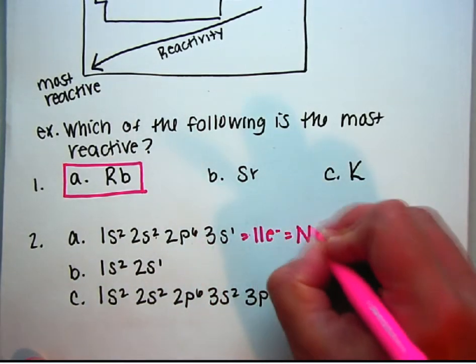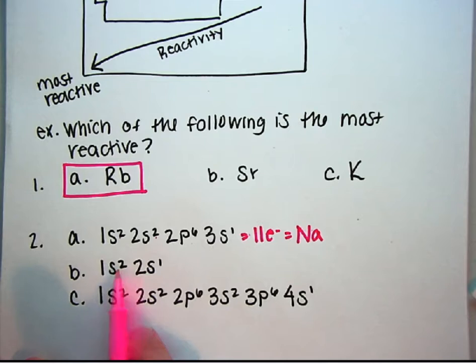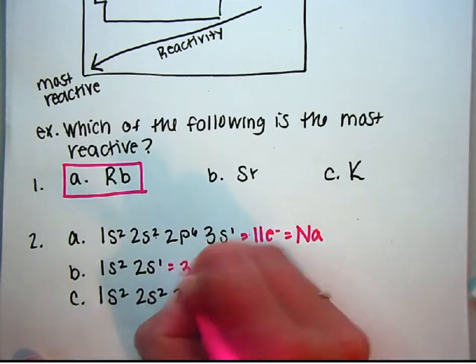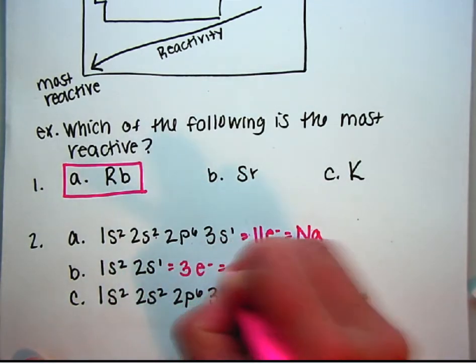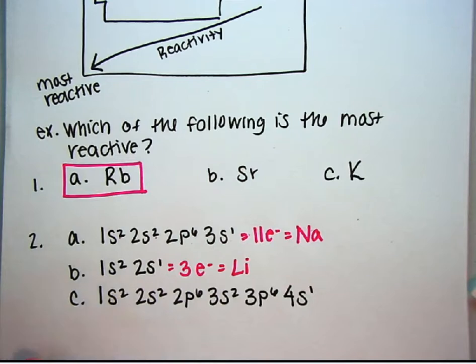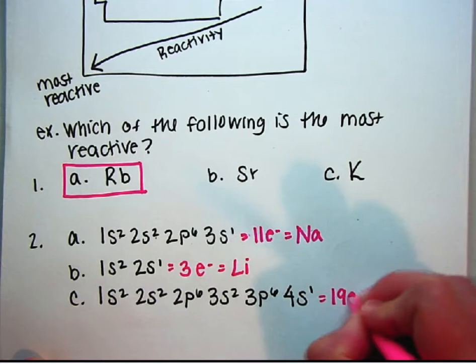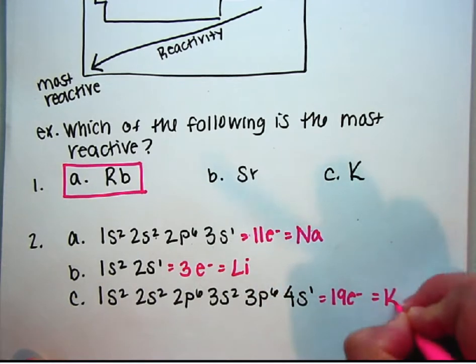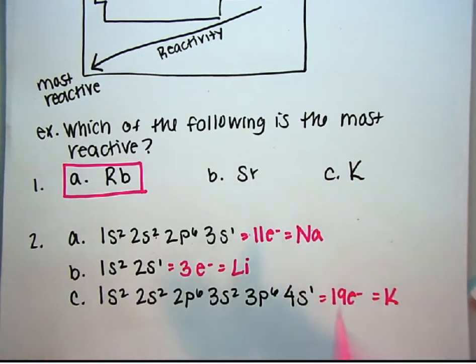Atomic number 11 is sodium. 2, 3. Atomic number 3 is lithium. 2, 4, 10, 12, 18, 19. Atomic number 19 is potassium. So we're going to compare sodium, lithium, and potassium.